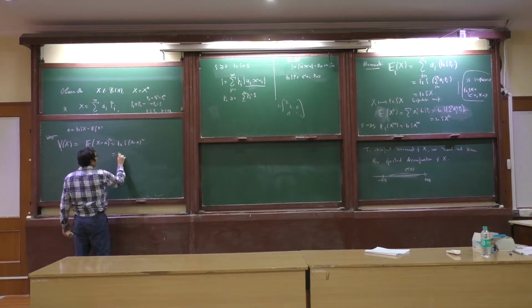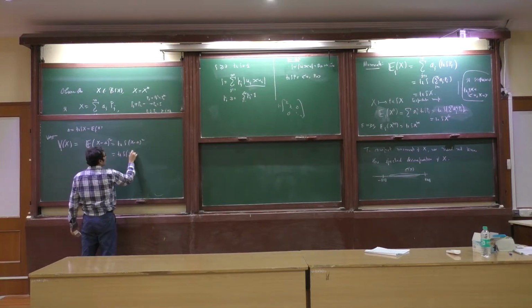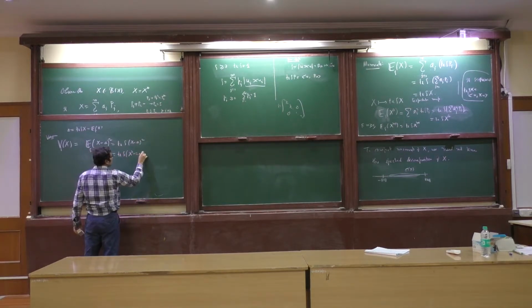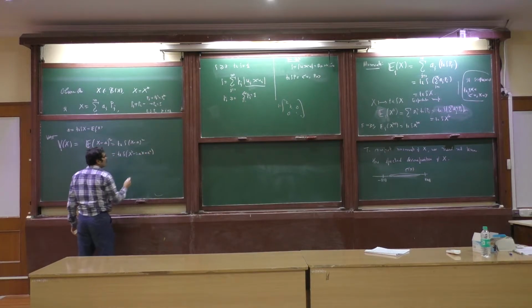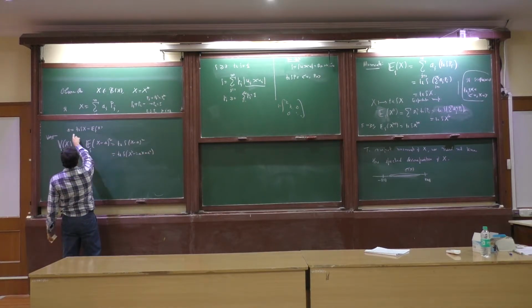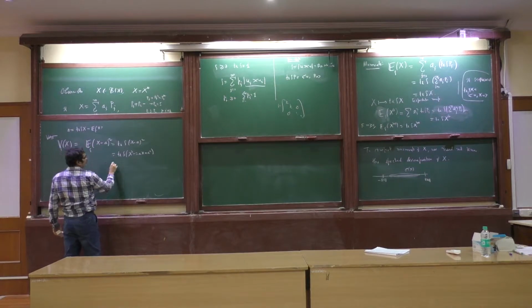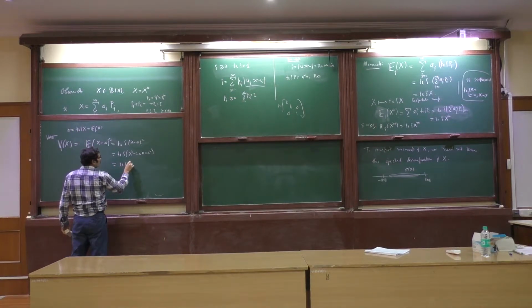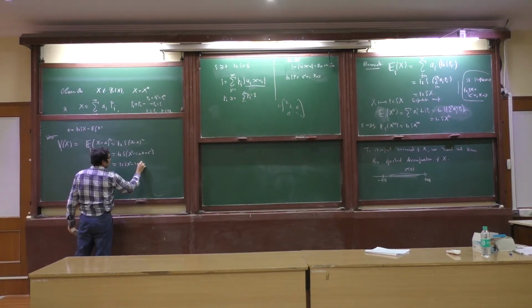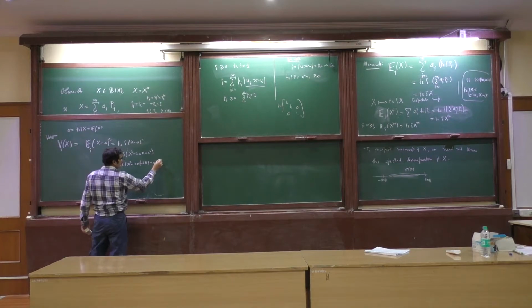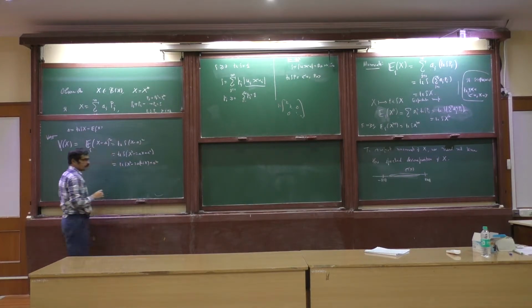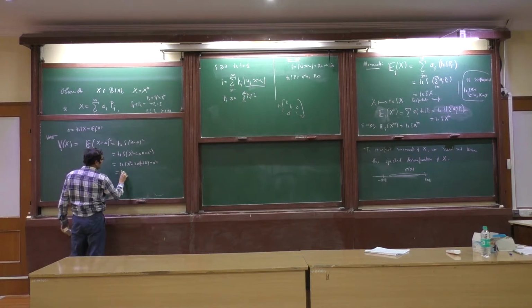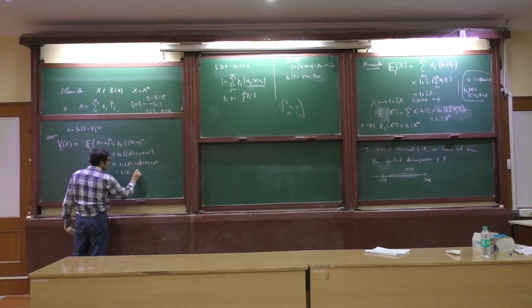Now you can expand it: x squared minus 2ax plus a squared. Here a is just this number, trace rho x. So this is trace rho x squared minus 2a trace rho x plus a squared. Trace of rho is 1, but trace rho x is a, so this is trace rho x squared minus a squared.